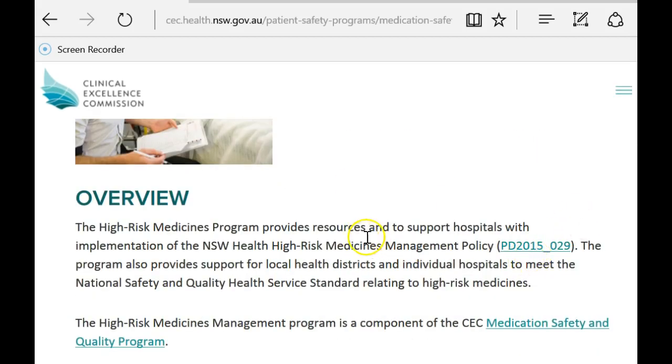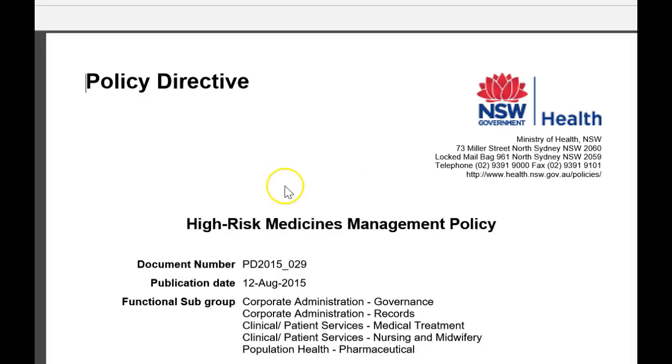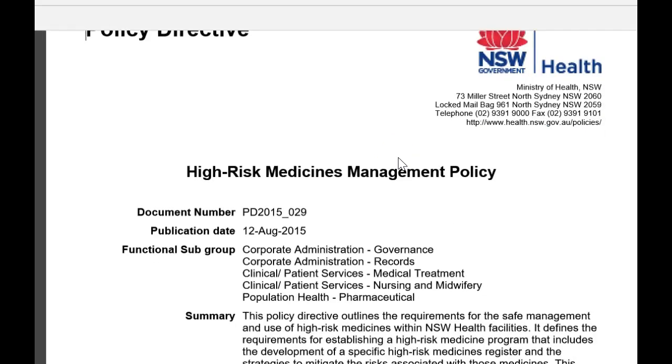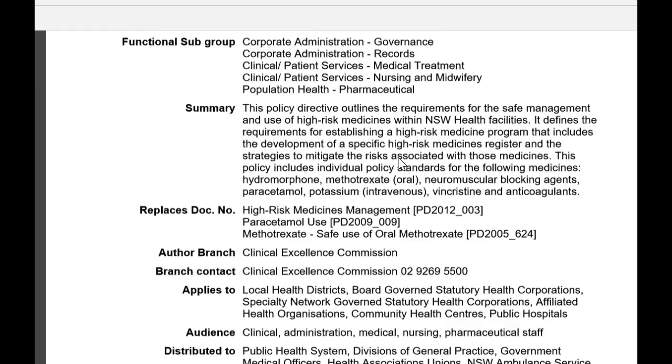So I'll bring up the policy. So here's the policy directive, the high risk medicines management policy. I got this from the New South Wales Health website, but I linked it to the Clinical Excellence Commission and their role in recognising when mistakes occur and trying to minimise them.